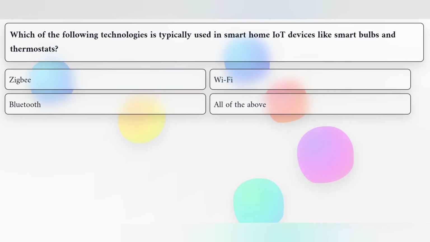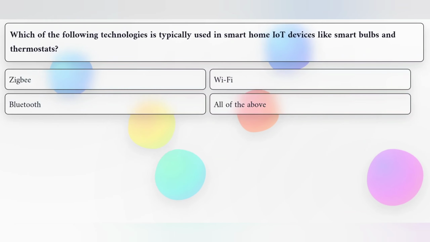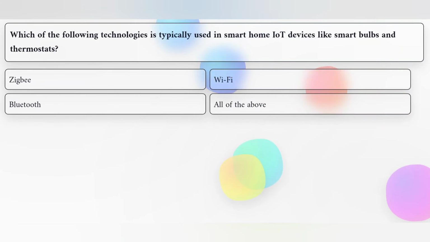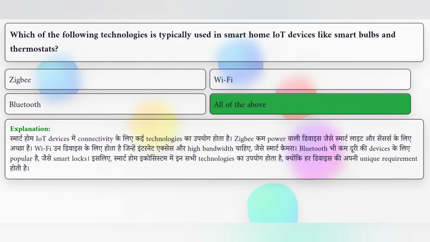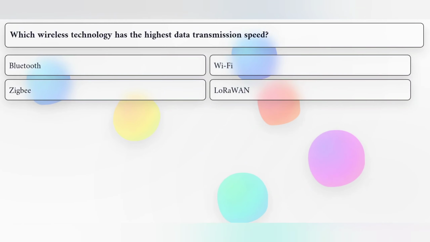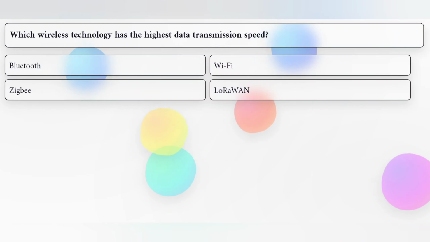Which of the following technologies is typically used in smart home IoT devices like smart bulbs and thermostats? Zigbee, Wi-Fi, Bluetooth, all of the above. Which wireless technology has the highest data transmission speed?